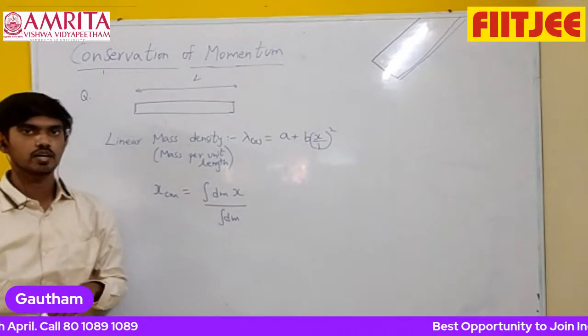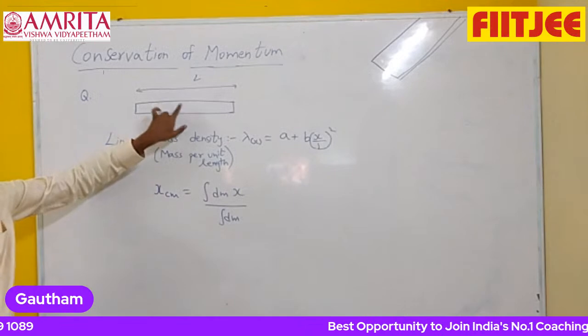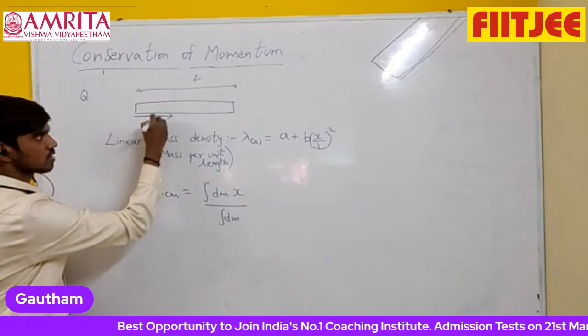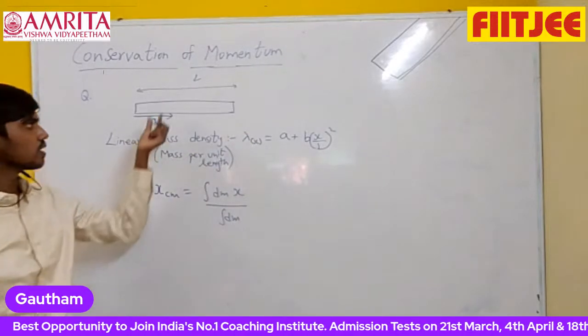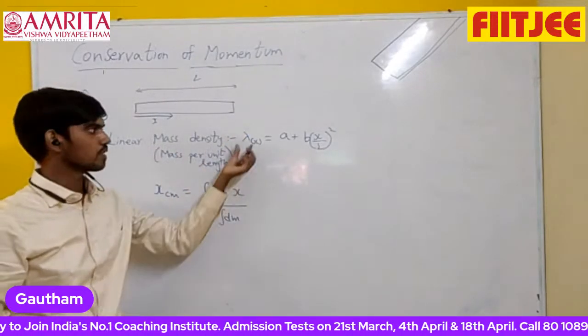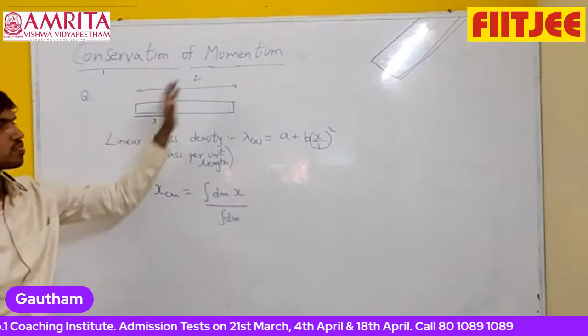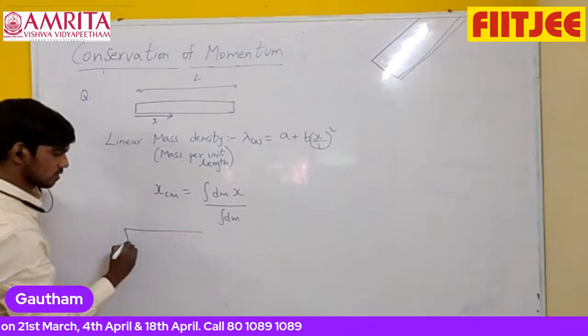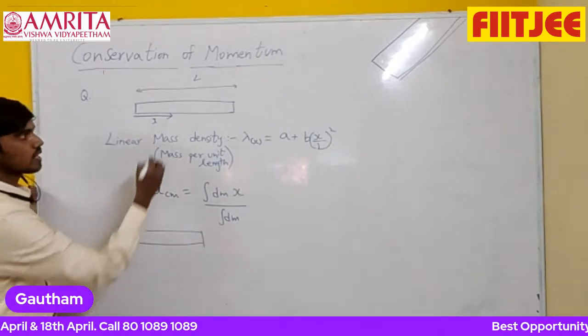How do we take this element? Here x is measured from one end of the rod, and lambda is given at a distance x from that end. So at a distance x, you take a small element dx.